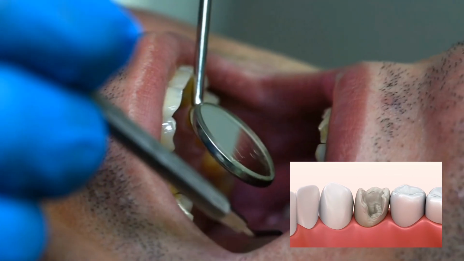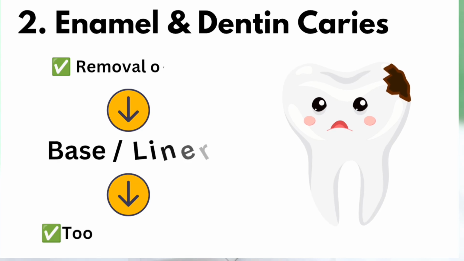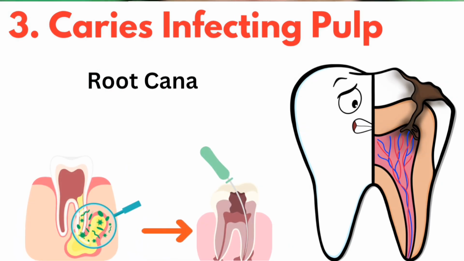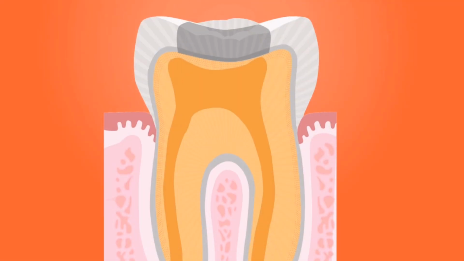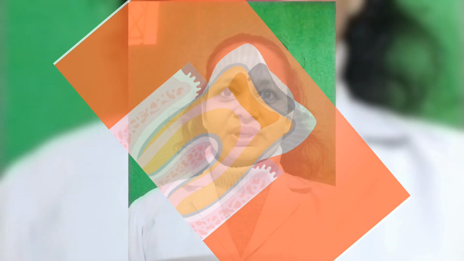In that case, the patient won't have pain, but might feel little sensitivity to hot and cold. In that case, we will seal the dentinal tubules and restore with GIC and composites normally. But in the third phase, enamel, dentin and pulp, all three are infected. In that case, we need to go for RCT, root canal treatment, and after root canal treatment, a crown.